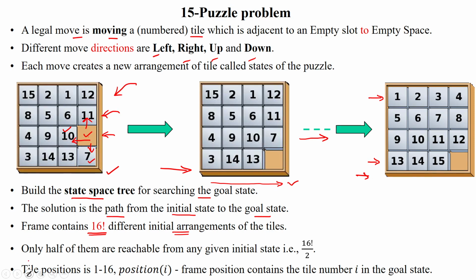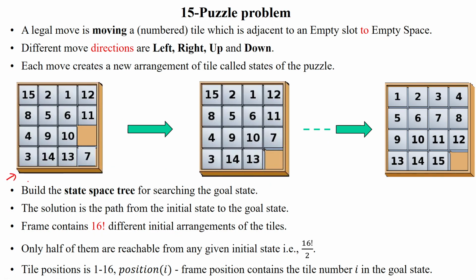By shuffling these tiles, you will get different types of initial arrangements. So how many possible arrangements? 16 factorial. Of these 16 factorial different arrangements, only half of them can reach the goal state from the given initial state.